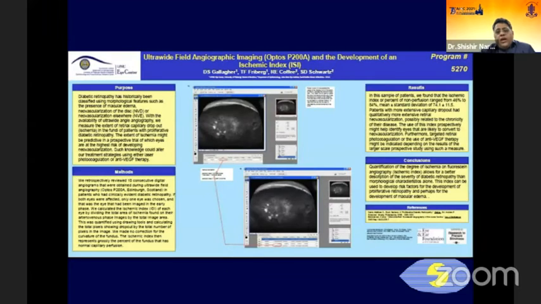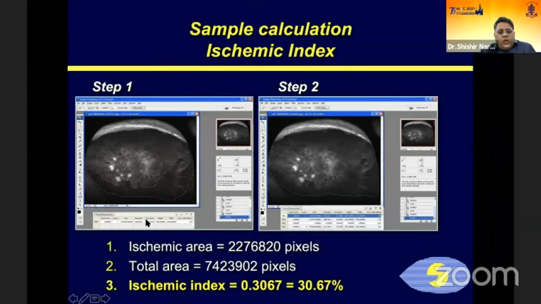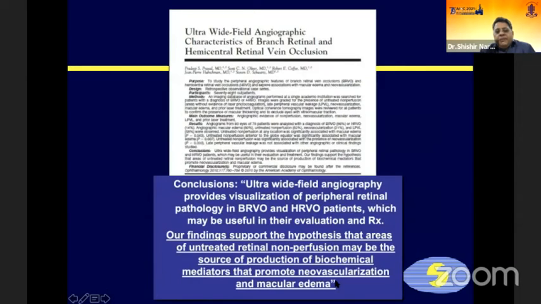In vascular block, there is the concept of the ischemic index. We used to talk about disc areas when we were talking about development of NVD in CRVO, but what you actually do is quantify it. You can calculate it from the pixels of non-perfusion and the total area of pixels, and you have the ischemic index, for example a 30% ischemic index.